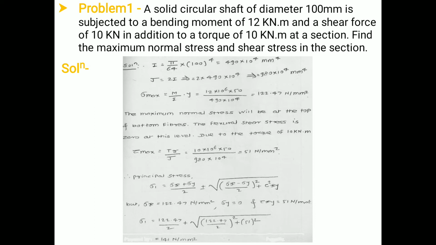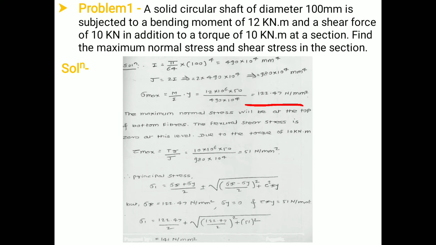On putting the values, M is 12 into 10 raised to 6, y is 50, because y is nothing but the radius, as we discussed while deriving the formula of under root of M square plus T square, and the value of I is 490 into 10 raised to 4. Therefore sigma maximum is 122.47 newton per mm square.